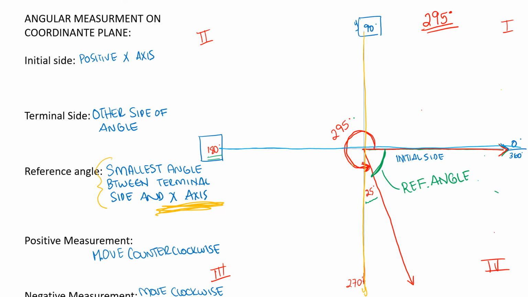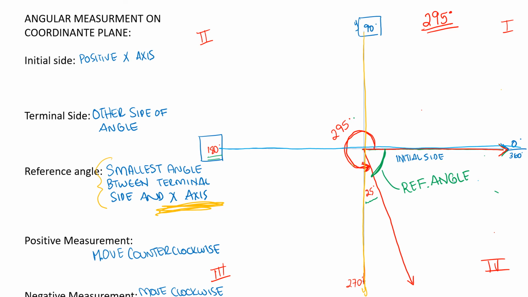Negative 200 degrees. Initial side, as always, right here. Now when we're going negative, this is negative 90 degrees. This would take me to negative 180 degrees. So if I'm doing negative 200 degrees, I'm going to have to go past this just by 20 degrees.